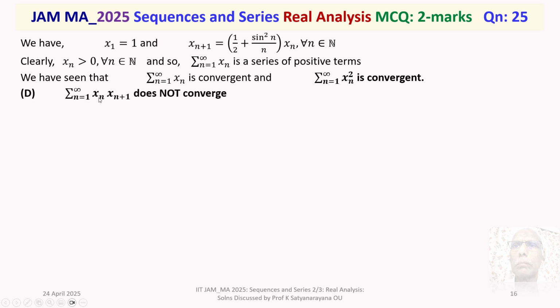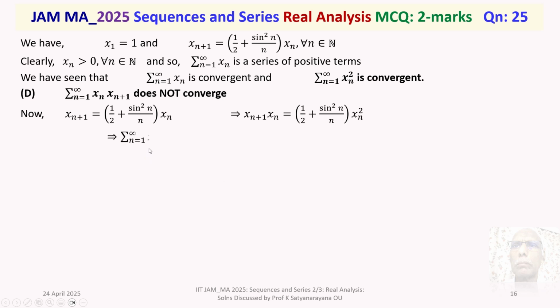Sigma n equal to 1 to infinity xn plus 1 does not converge. Now, xn plus 1 is equal to 1 by 2 plus sine square n by n, in brackets, xn. Multiply throughout by xn. Then you will get xn plus 1 xn is equal to 1 by 2 plus sine square n by n, in brackets, xn square.